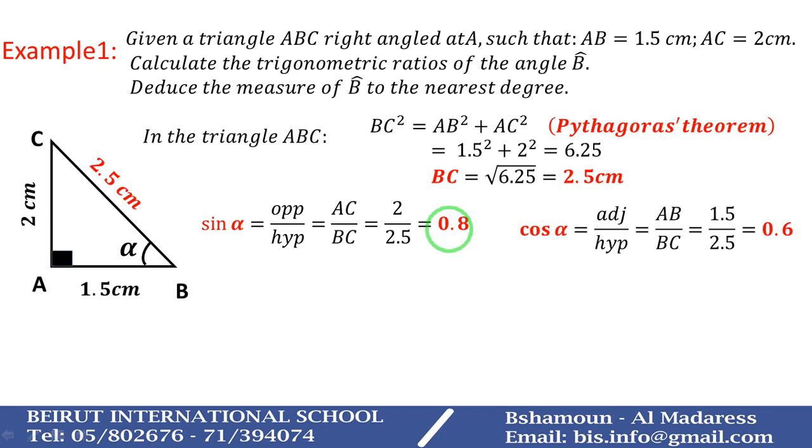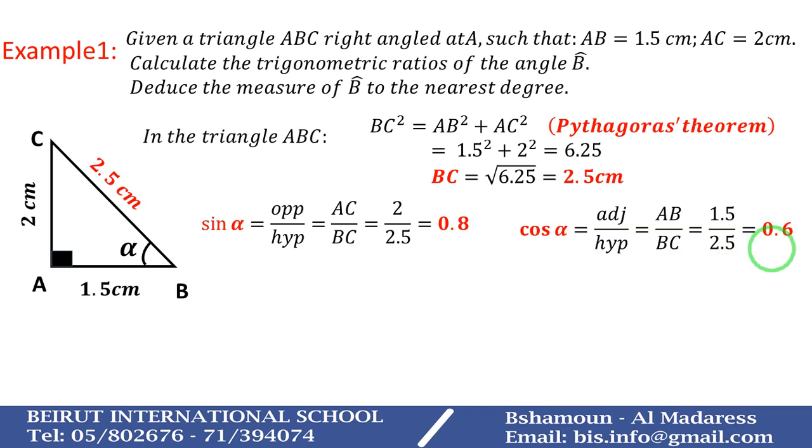Cosine alpha will be equal to the length of the side adjacent to alpha over the hypotenuse, which is AB over BC, and will be equal to 0.6. You can see here that the numerical values of sine alpha and cosine alpha, 0.8 and 0.6, are between 0 and 1.